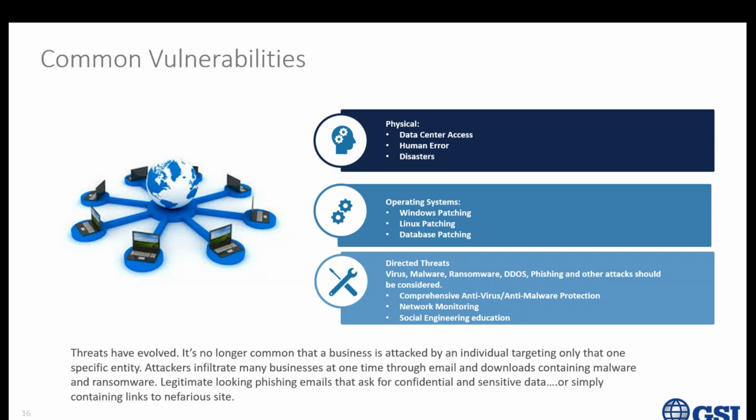If you're in a data center or if you're in a cloud, if you're on-prem, do you have controls in place? Do you use biolocks or card readers? If you're in a data center, do you have man traps? Outside of those kind of things, you also have things from a physical standpoint like human error.